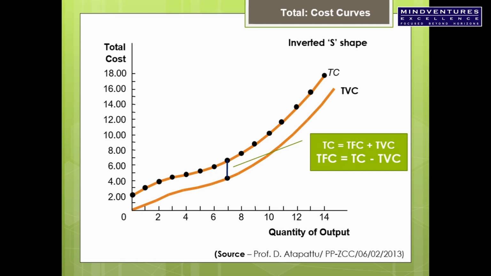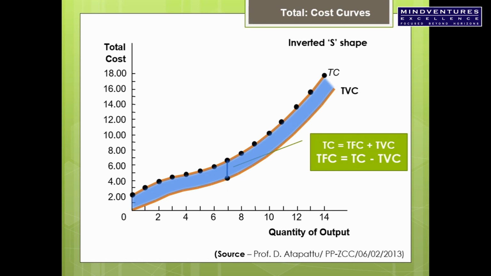Since total fixed cost does not change as quantity of output increases. Let me repeat: total fixed cost does not change as the quantity of output increases. That means, number one, the vertical distance between the total cost and total variable cost curves will always be the same.